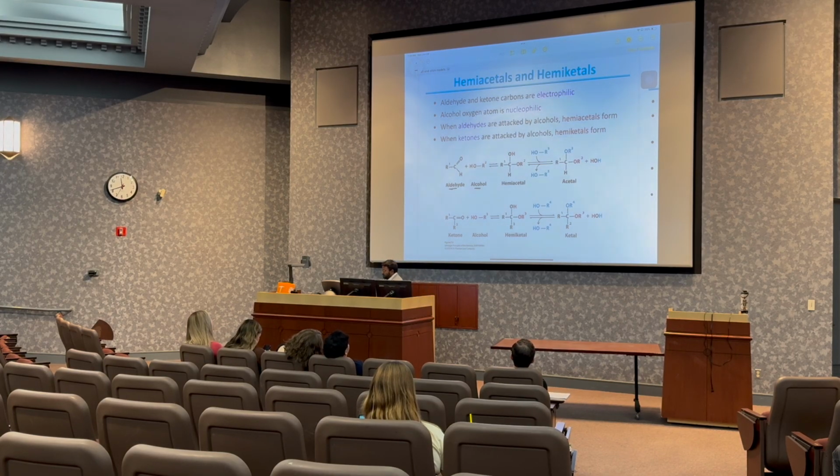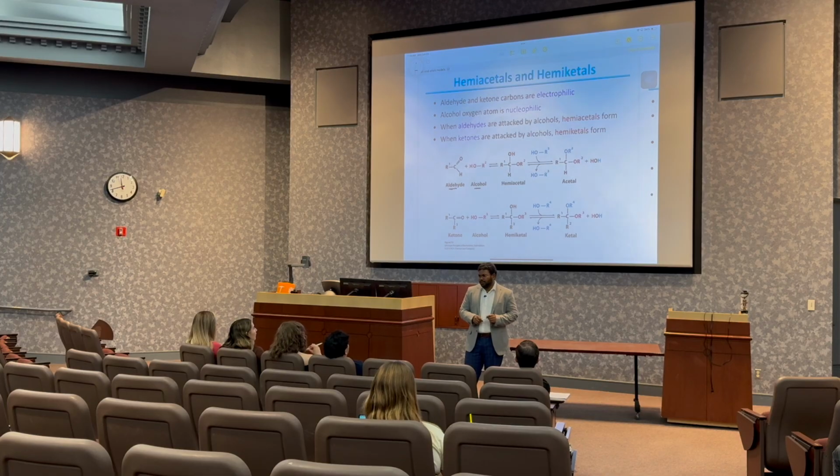Do you know that this is a polarized bond, between carbon and oxygen? And they have an electronegativity difference. Out of carbon and oxygen, which is more electronegative? Oxygen.